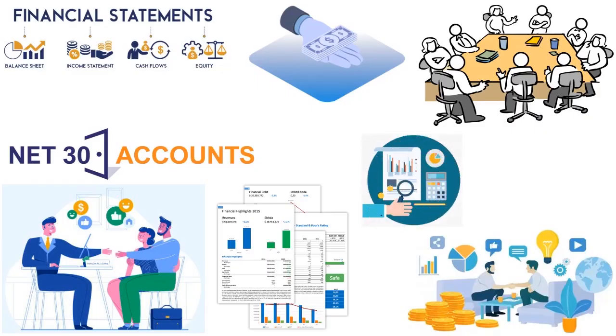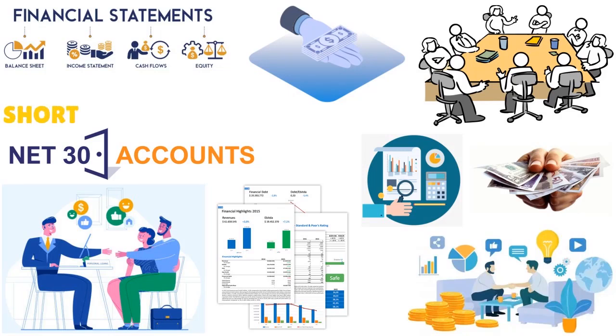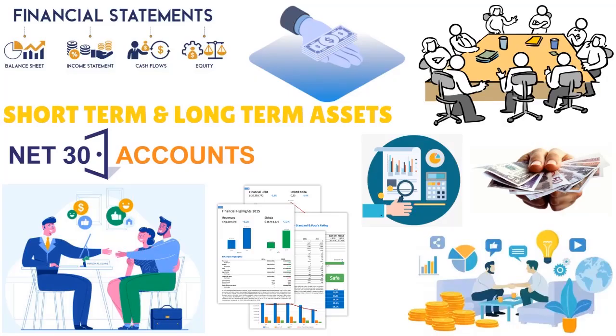This means the asset is expected to be converted into cash or used up in the near future, usually within an operating cycle, typically a year. This classification is important because it distinguishes between short-term and long-term assets, providing insight into a company's immediate liquidity and ability to meet short-term obligations.